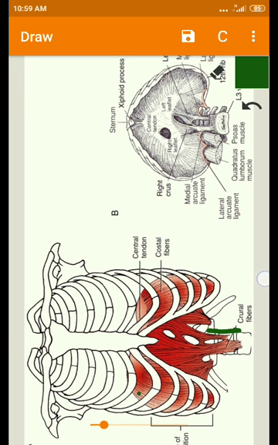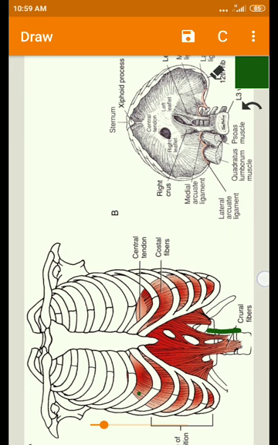Behind this we have the aorta. So behind the aorta, these two crura unite to form an arch-like structure just anterior to the aorta. Ventral is nothing but anterior.